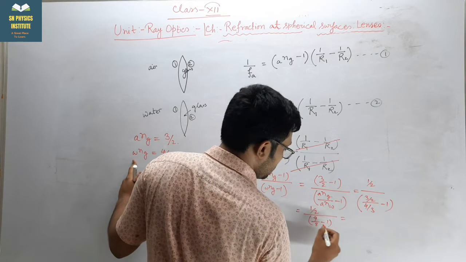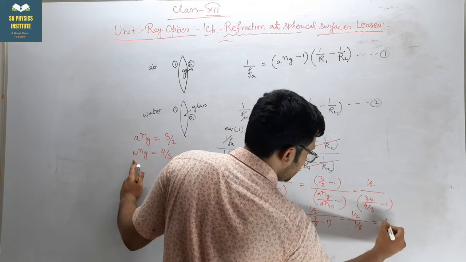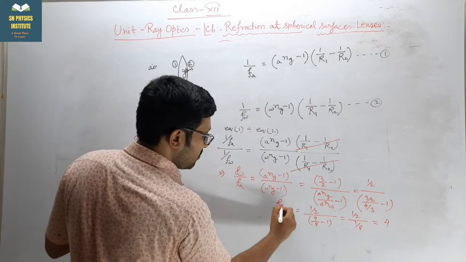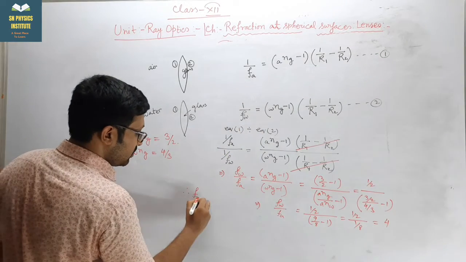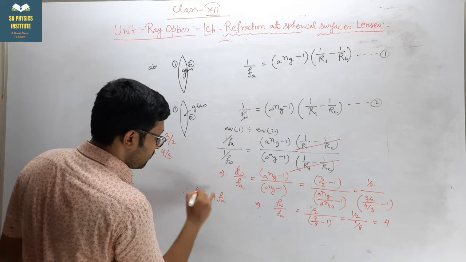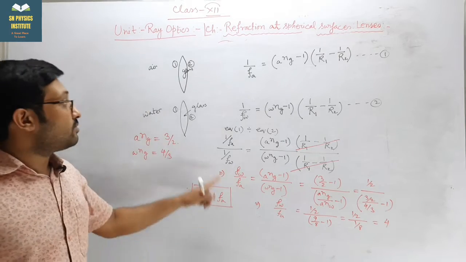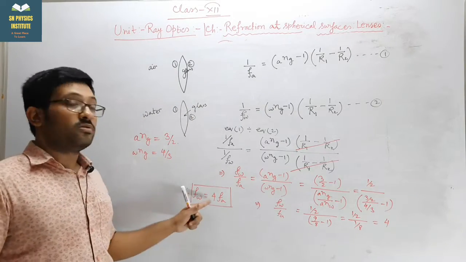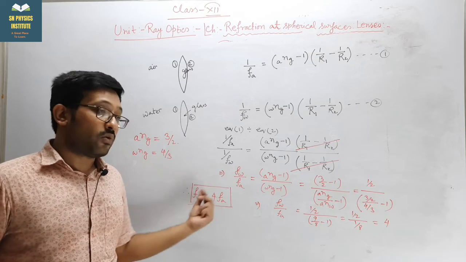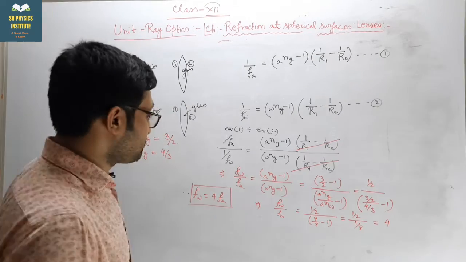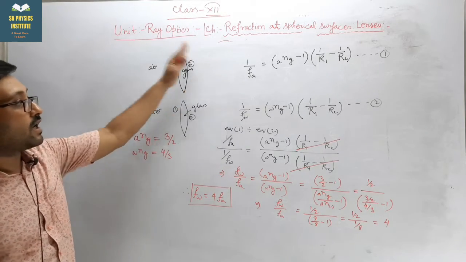So this becomes half by 1 by 8, which is 4. So Fw by Fa is equal to 4, so Fw is 4 times the focal length in air. Suppose the focal length of the lens is 10 centimeter in air, if you keep the lens in water the focal length will be 4 times of it, that is 4 into 10, which is 40 centimeter. So this way the focal length is changed if you change the surrounding medium.